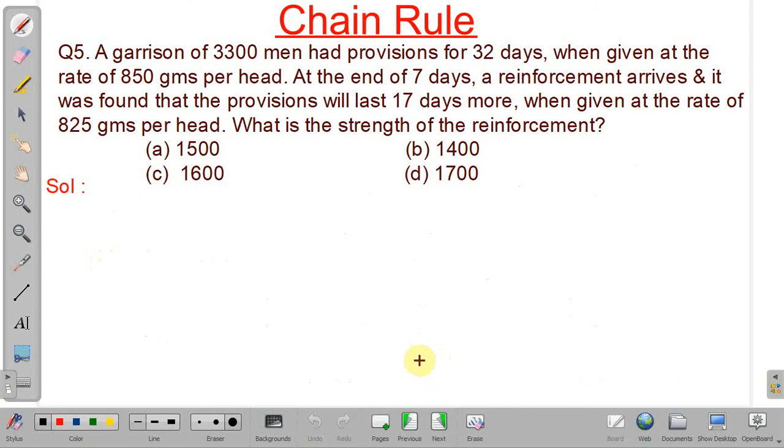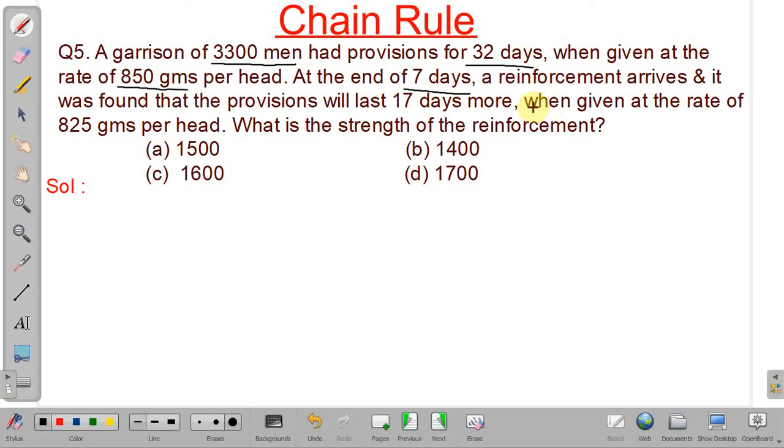See, in this problem it is given a garrison of 3300 men, where soldiers stay. So they have provisions for 32 days, when rate of consumption, that is per head consumption, is 850 grams. So after 7 days from the starting, a reinforcement arrives.